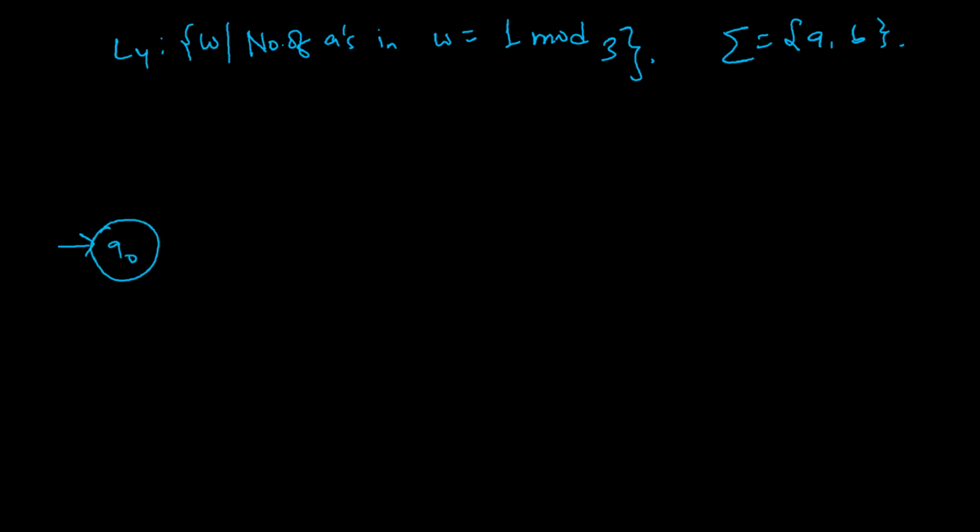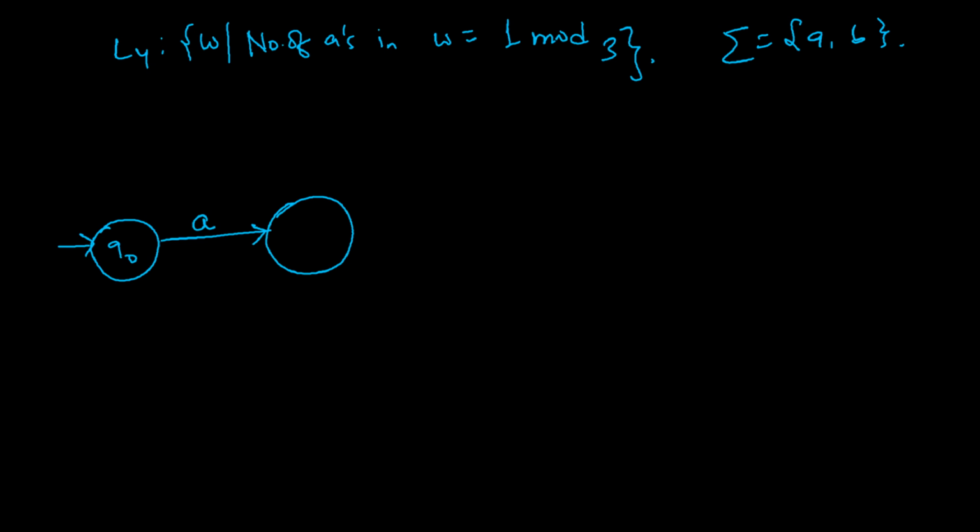Initially when you are at Q0, you have not seen any symbol, so the number of A's seen is equal to 0. What is the remainder? It is 0.